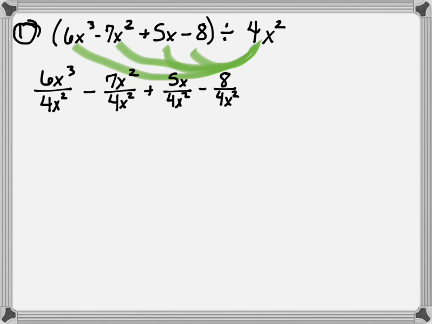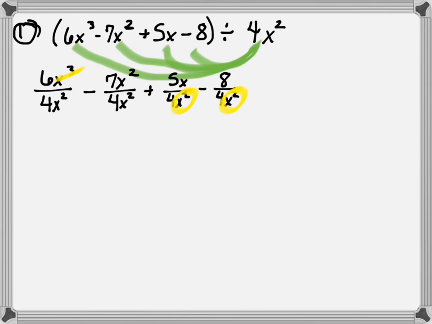We need to figure out where our x's are going to end up. I'm going to go through and highlight where my largest x is. This first one is in the numerator. In the second one, they tie. This one is in the denominator. This one is in the denominator.